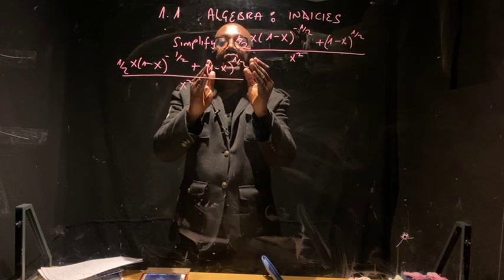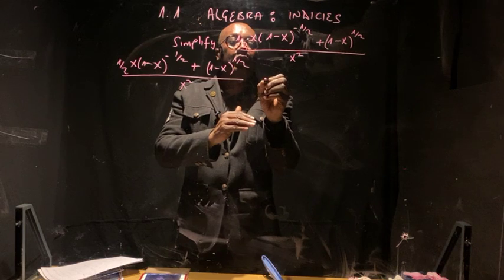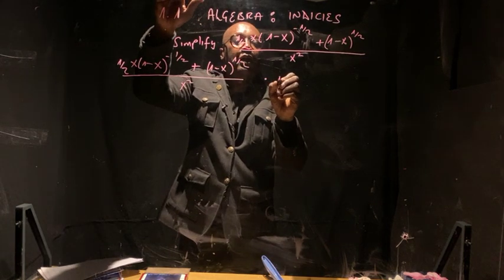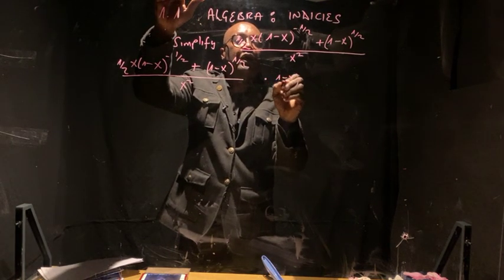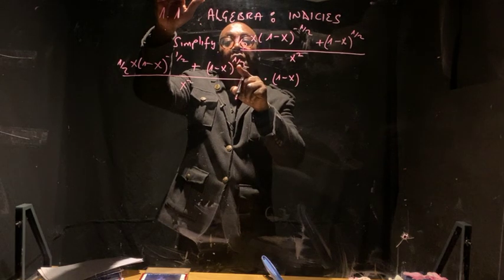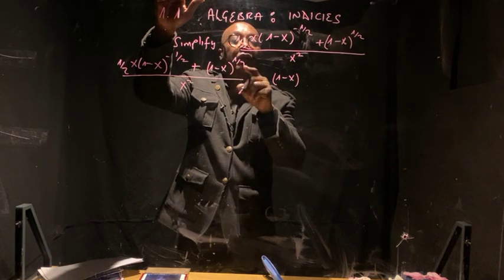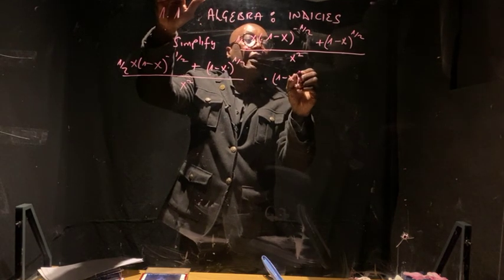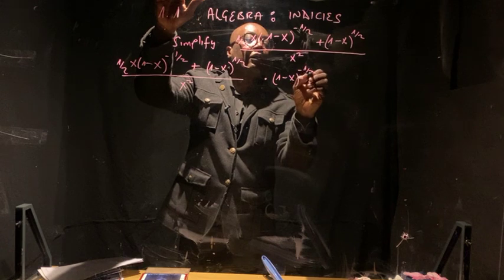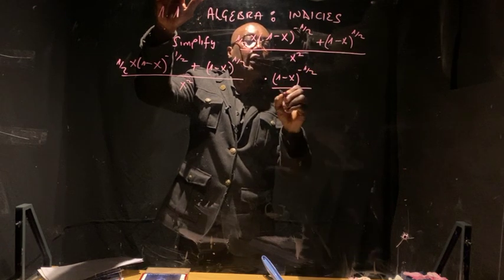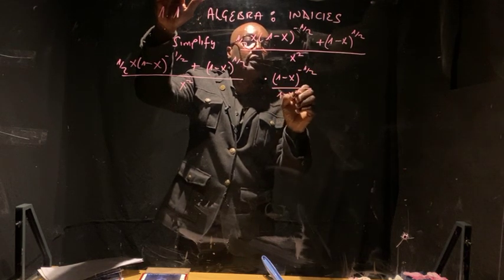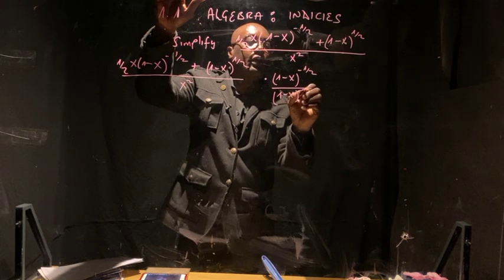I pick up this term and then clone it here: 1 minus x raised to the power, this is positive half, because I'm cloning it, I'll make it negative half. And I will do the same thing: 1 minus x raised to the power negative half.